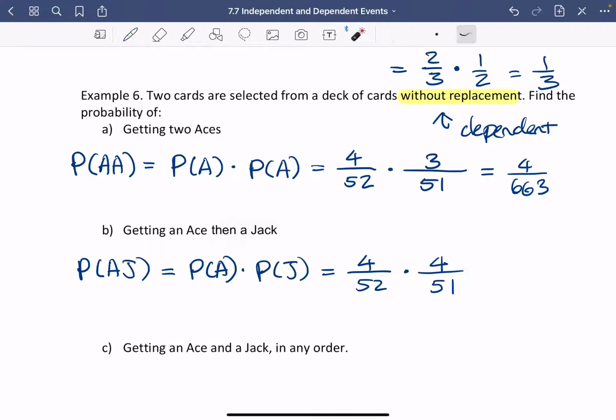So it's 4 over 52 times 4 over 51. That's the probability of getting an ace first and the jack next. This is equal to 4 over 663, and the first one is equal to 1 over 221.